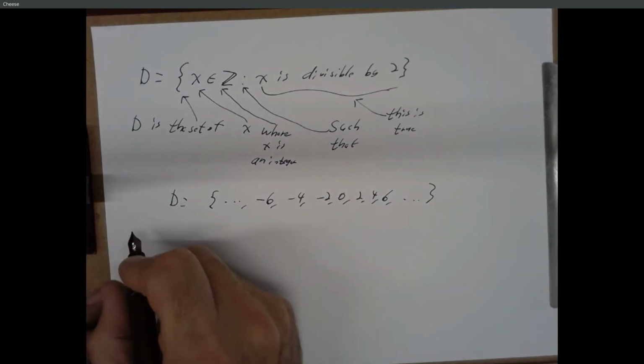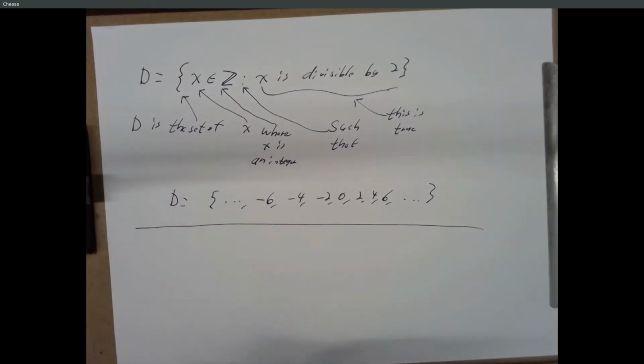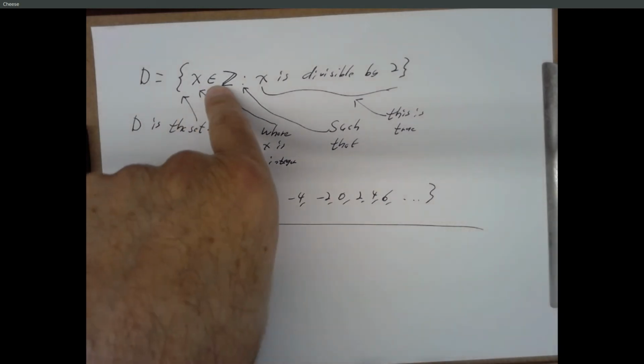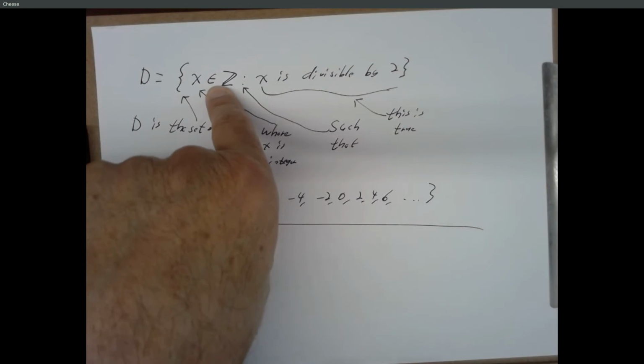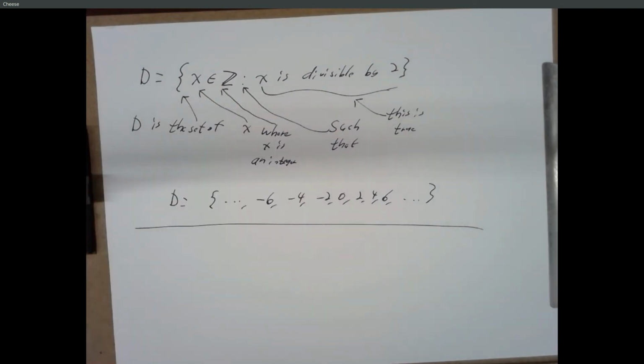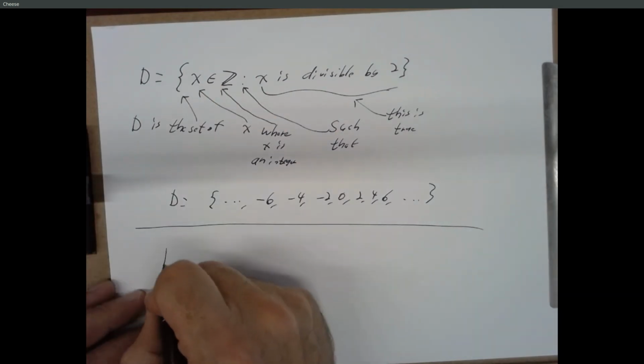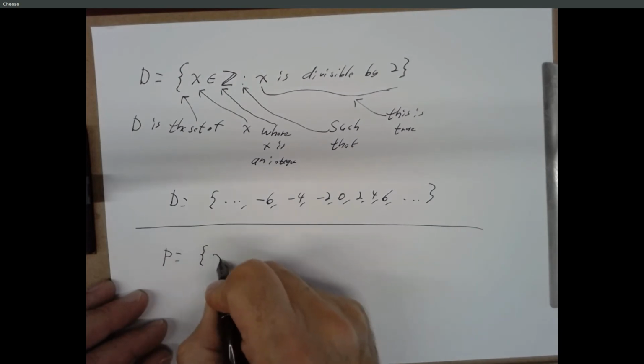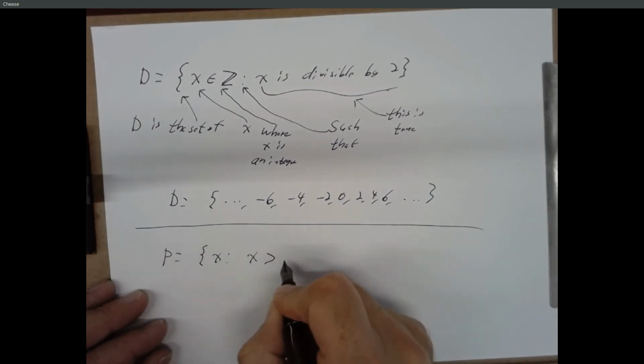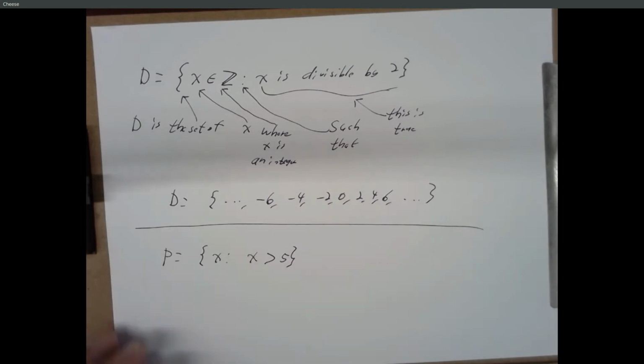And if I don't specify the set of X contained in Z, this might be ambiguous. So I could define P equals the set of all X such that X is bigger than 5. Well, what are the elements of P? We don't know. Does it contain 6? Well, yeah, probably if X is allowed to be an integer. Does it contain 5.1?